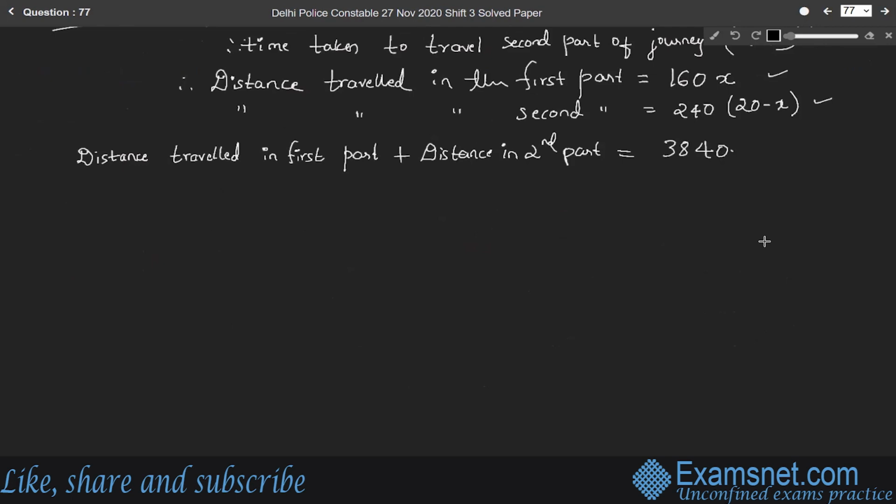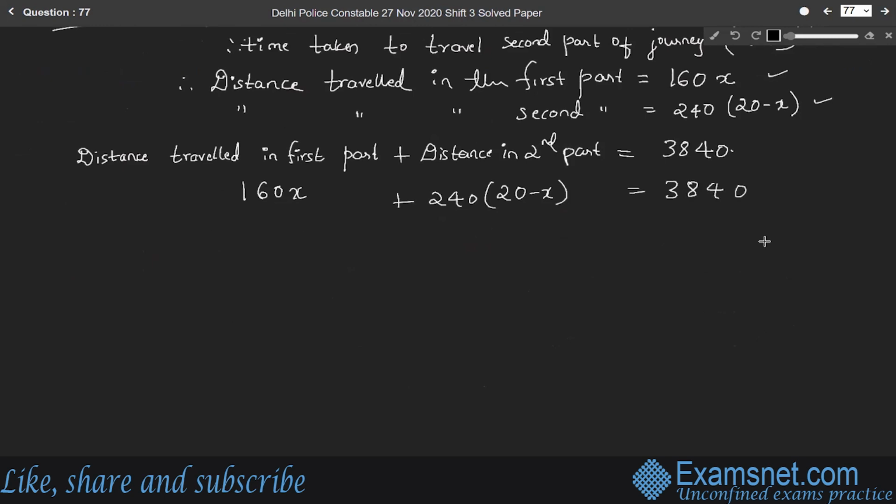3840 kilometers. Therefore, substitute the values of distances 160x and 240 into 20 minus x is equal to 3840. Right?